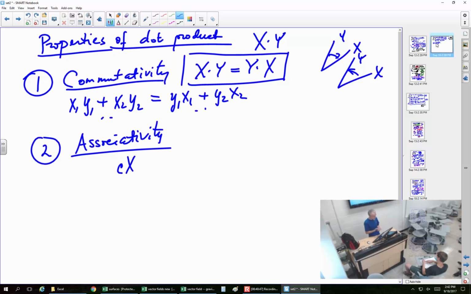So we have vector x, we multiply it by c, which is a number, and then we go with the dot product by y. Or we could instead do this: we take the dot product of x and y and then multiply by c, like this. And the answer is the same.